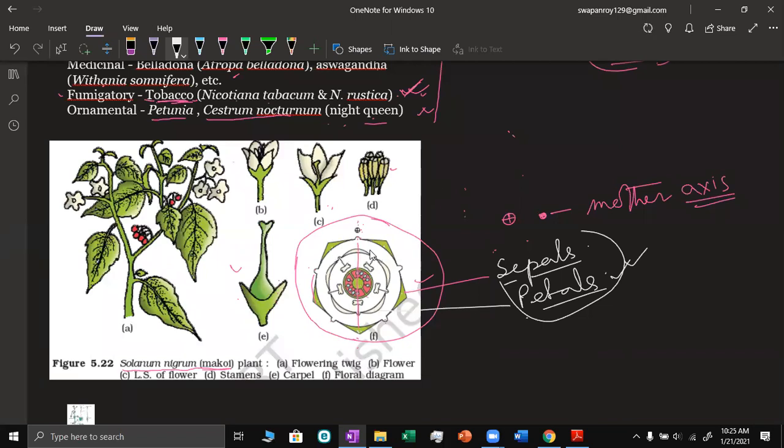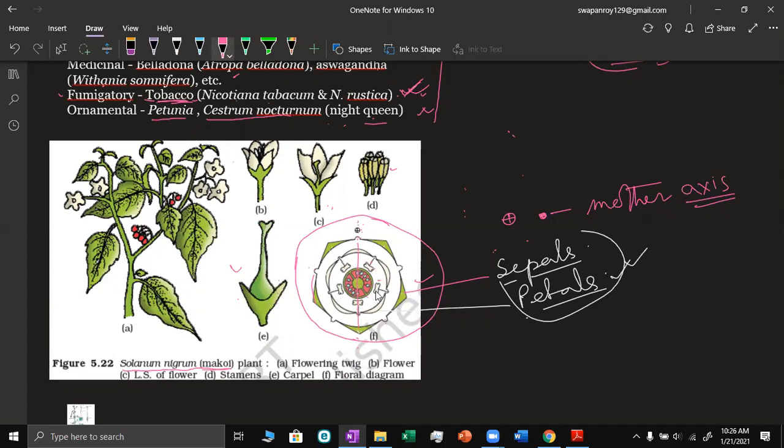Odd one is posterior. Now the next ring, you can see, these are the stamens, that is the ring of the androecium. In the stamen we draw the anther. These anthers are drawn, so there are 5 anthers, and this line is the filament.